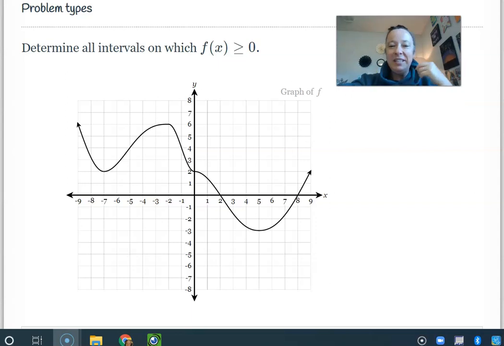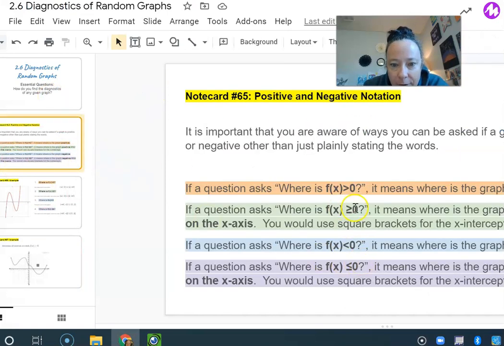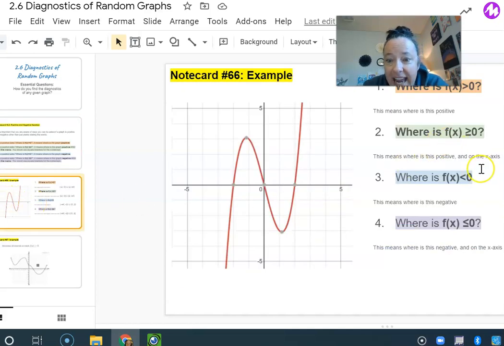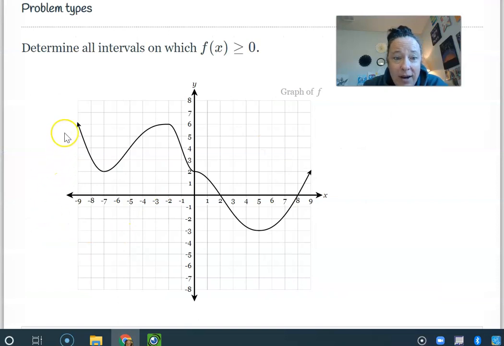We'll be able to see where I put that on the notes here in a minute, and we'll do another note card. Determine all intervals on which f of x is greater than or equal to 0. You guys, greater than or equal to 0 means where is it positive and on the x-axis. So where is this thing positive? Well, left to right.